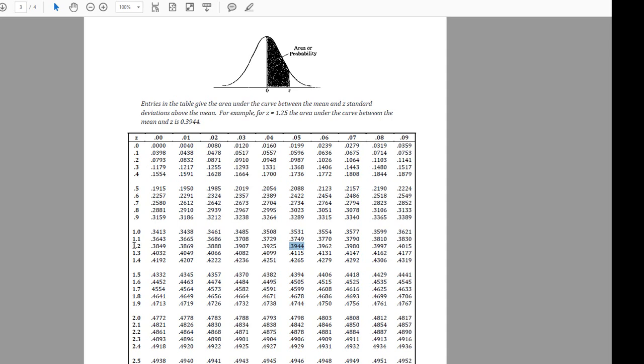Remember, we have positive values in the table, we don't have any negative ones, so minus 1.67 would be this one. Okay, I like that.